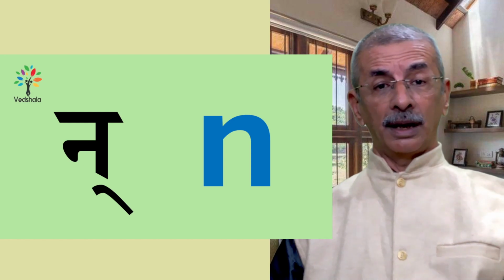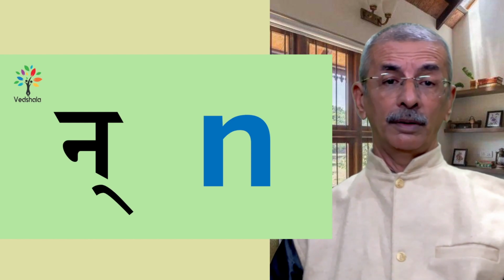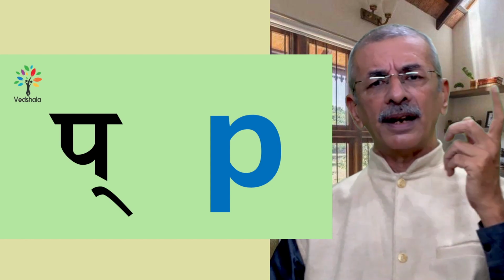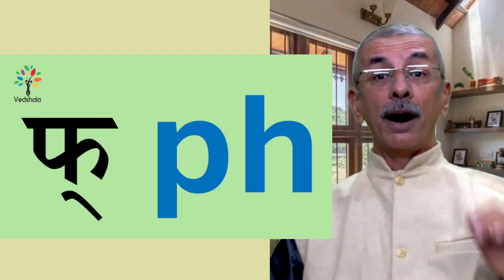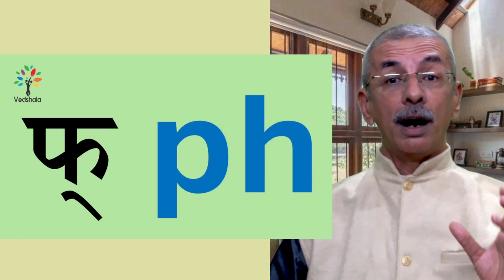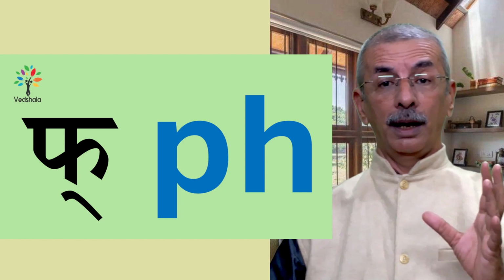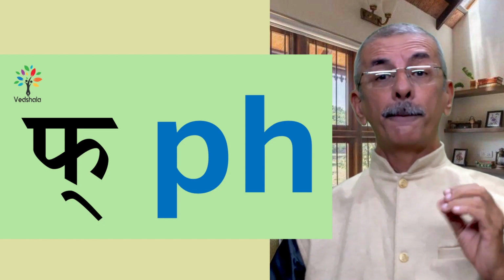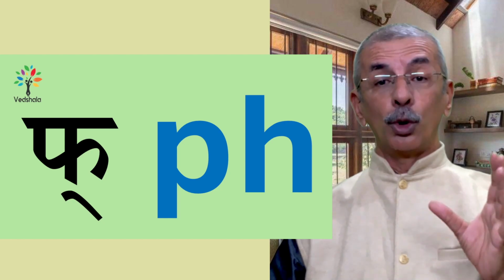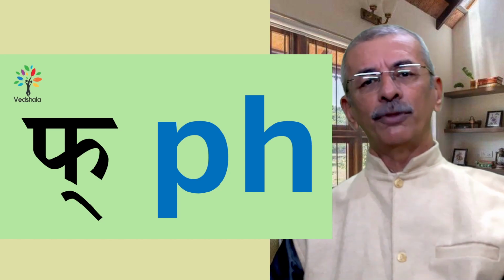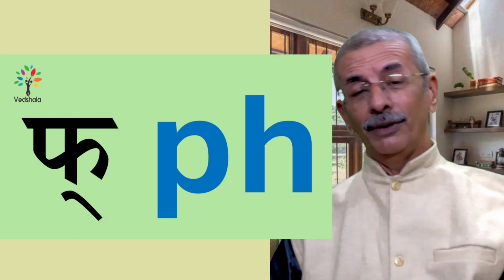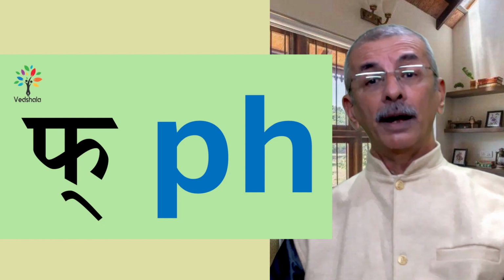Thereafter comes pa. Pa is an alphabet where our lips are activated. Pa, pha. So when we say fruit, PH, it has a different spelling, but the sound will be something like pulp.